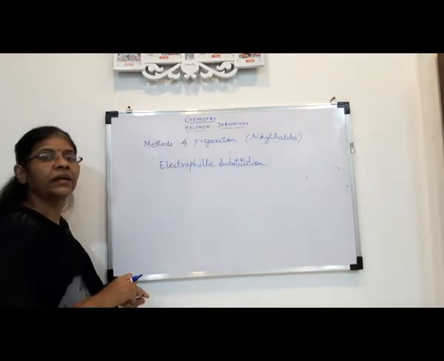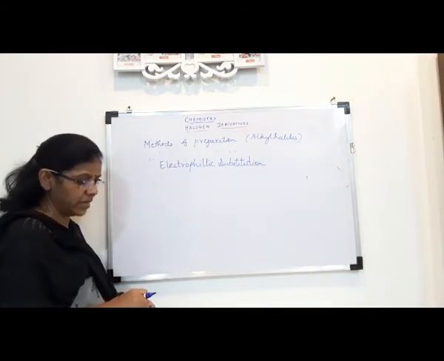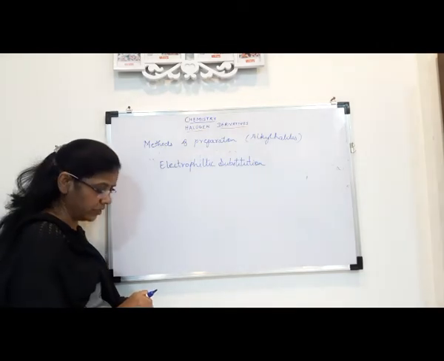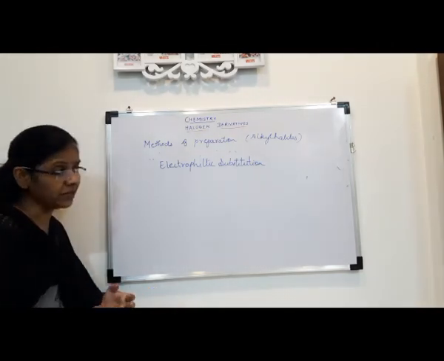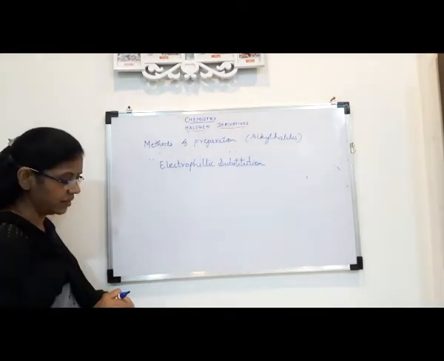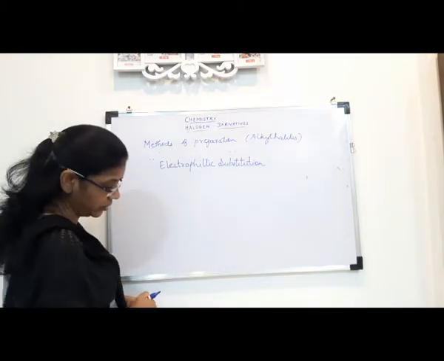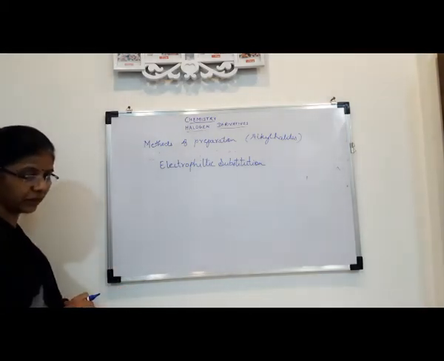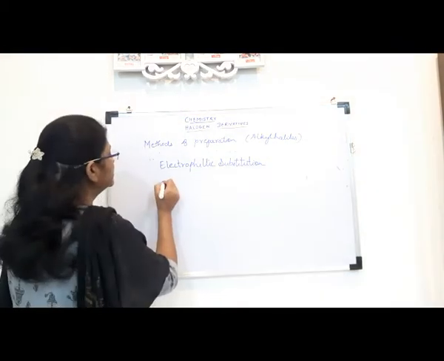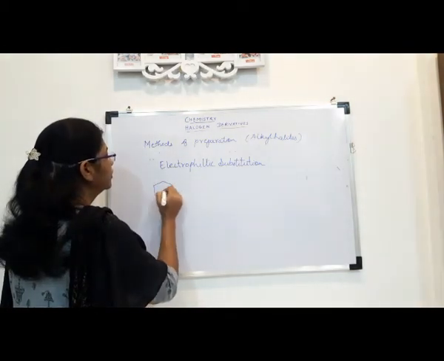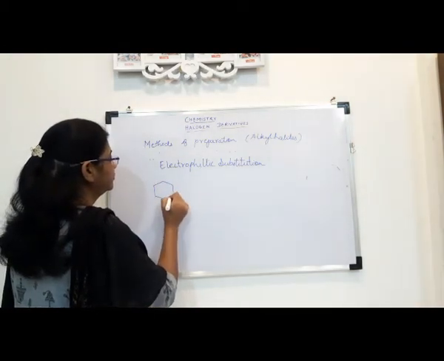Correct? It may be carried out in the dark at ordinary room temperature also. Correct? In presence of Lewis acids such as Fe or FeCl3. Okay? Now see, I'll give you a simple example.